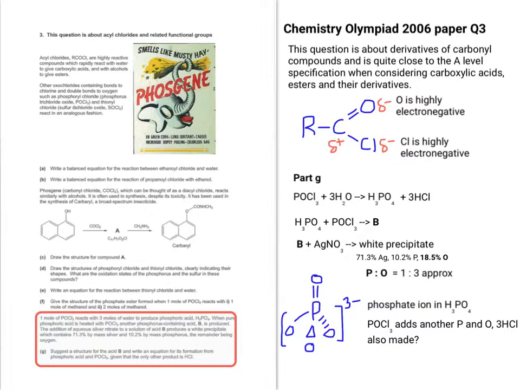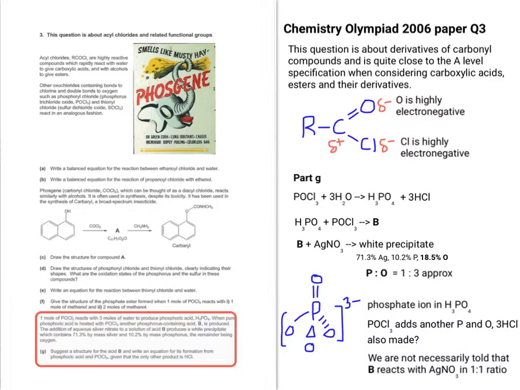So now, if we think about what we're left with, we've got 2 phosphorus, we've got 1, 2, 3, 4 oxygens, we've also got an extra oxygen. Let's have a think about what we could do with this. So we aren't informed that B and AgNO3 actually react in a 1-to-1 ratio.